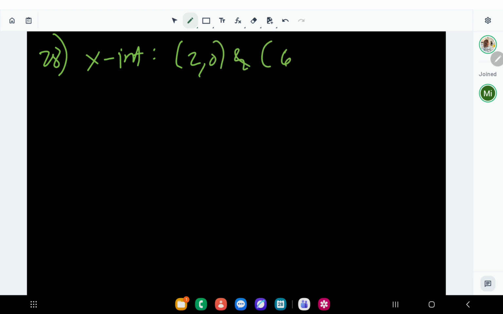Can you try number 28? Okay, this is the same as 26. Can you do this? What form of graph are you going to use?